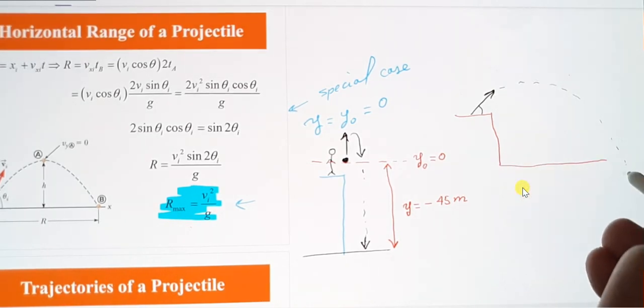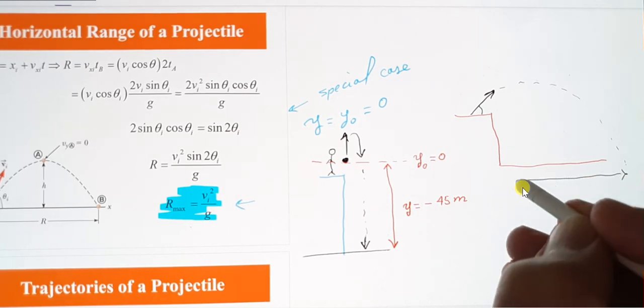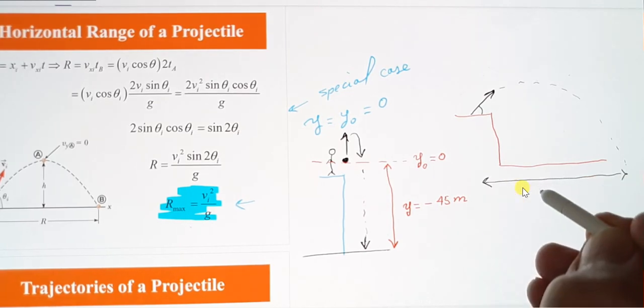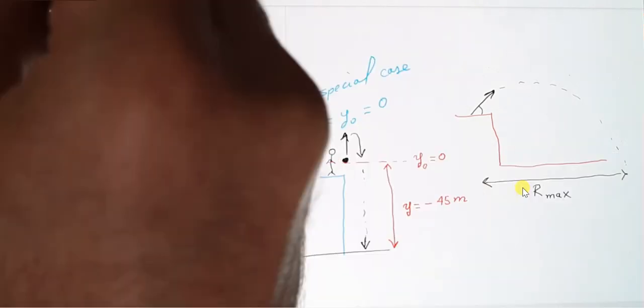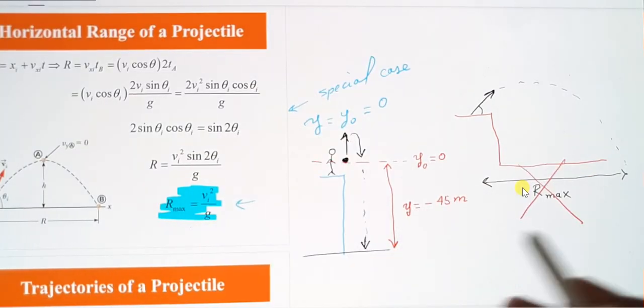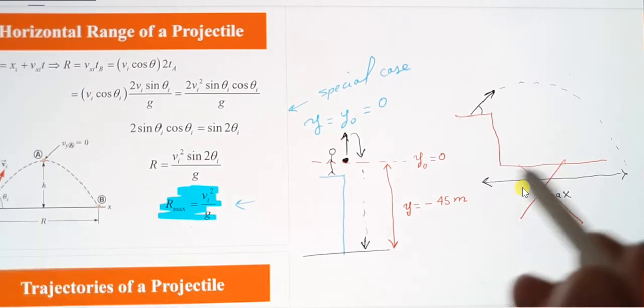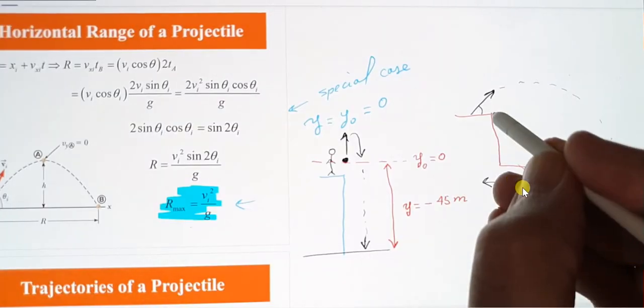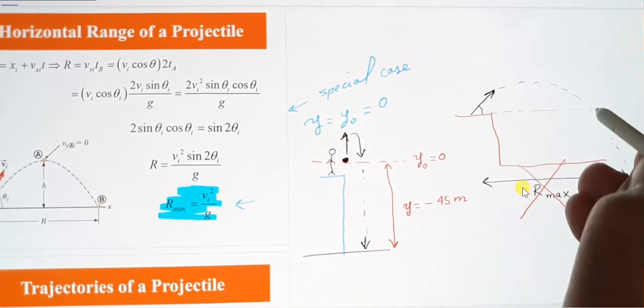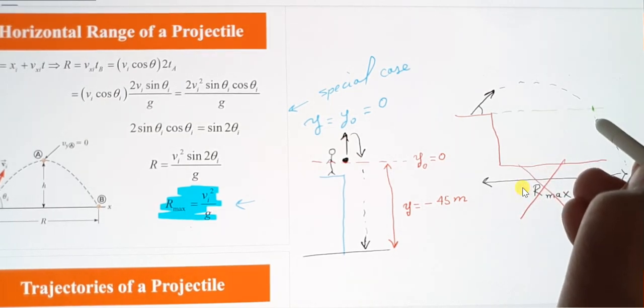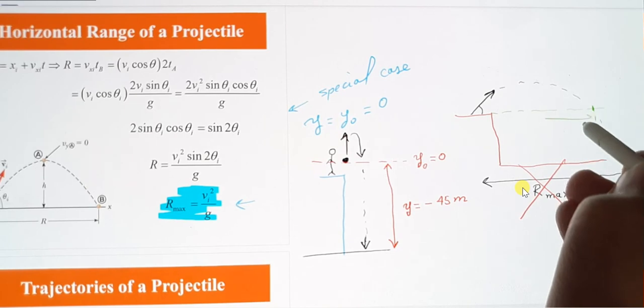So from here to this point, this is not R max. So where is R max? According to this equation, up to here. Up to here, that is your R max.